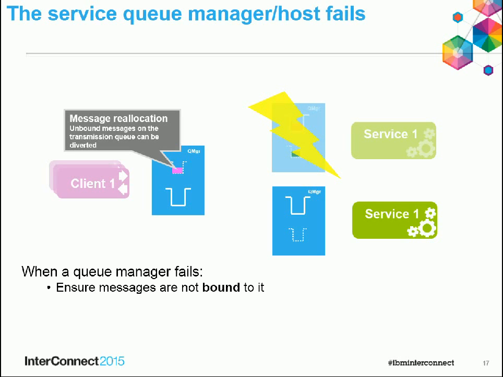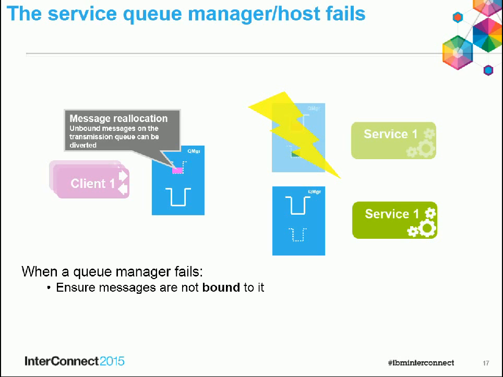So you may have noticed in MQ, when you open a queue, you specify which bind type you want to use, or you leave it up to the DefBind option on a queue, the default bind type, and that could be bind on open, bind on group, or not bound.